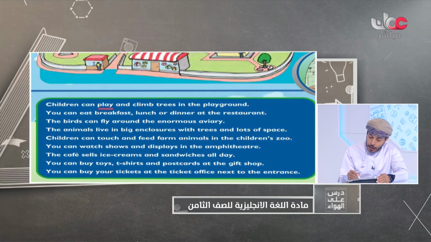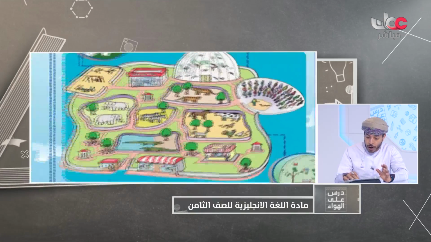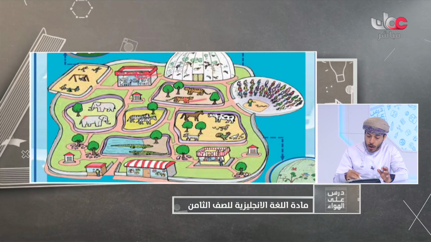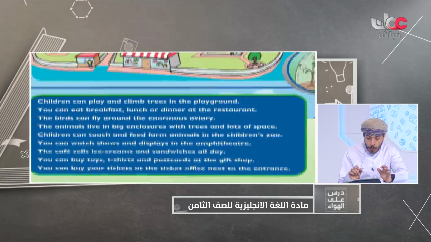Children can play and climb trees in the playground. So we have here a playground as a noun. You can eat breakfast, lunch or dinner, restaurant. We have a place of restaurant. So here we are going to identify different places of this zoo, by looking at this blue box.